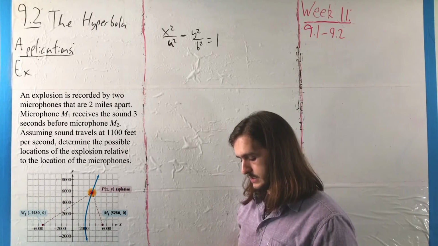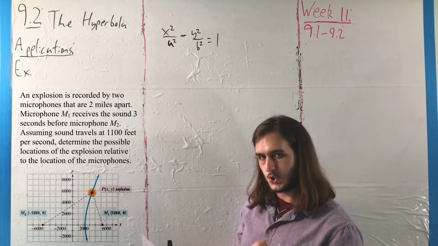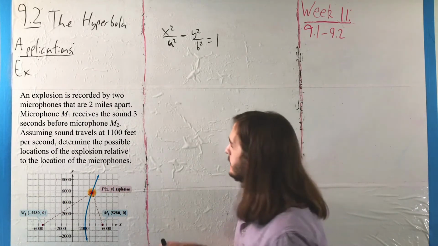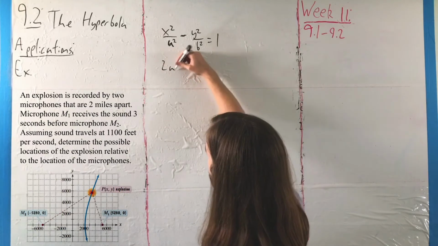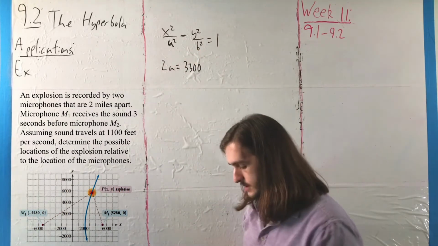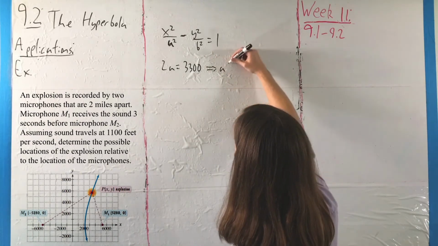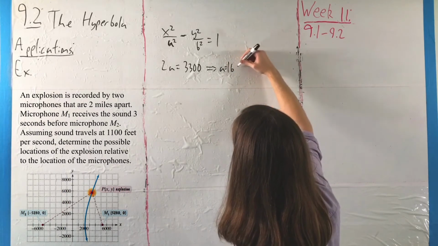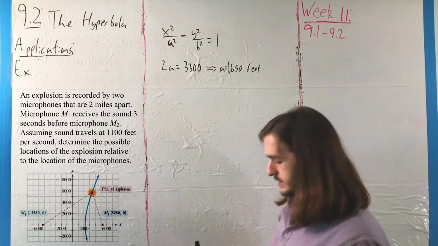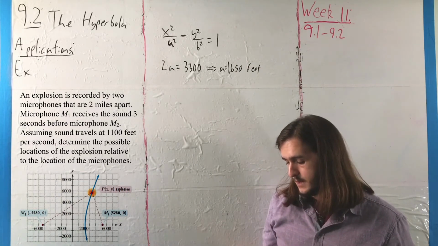In this case, since the difference between these two distances is 3,300 feet, we have that 2a is equal to 3,300, that total distance. So a is equal to 1,650 feet. And we can use that to get a squared, but I'm going to leave that alone for a second just for the sake of nicety.